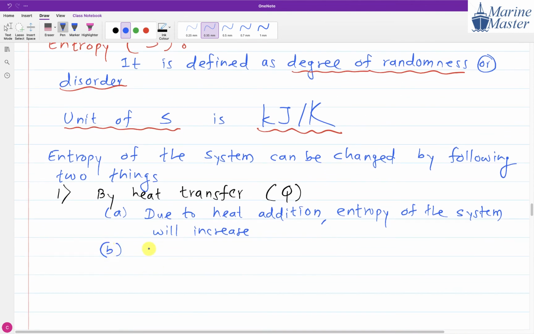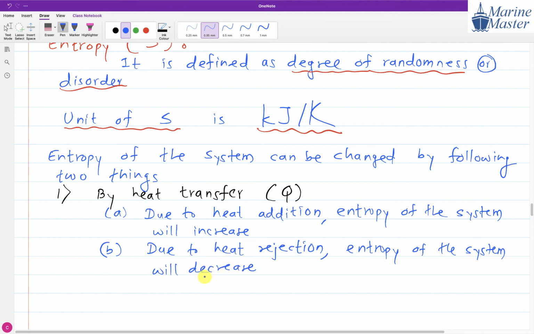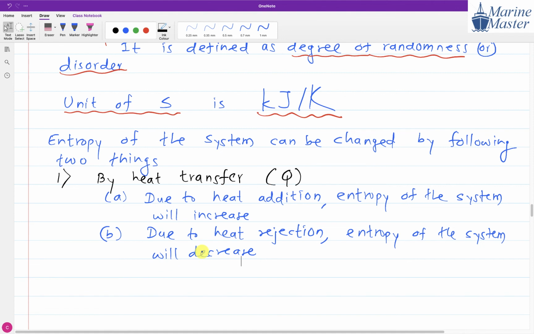And in point B, due to heat rejection, what is going to happen? Opposite to heat addition, the entropy of the system will decrease.